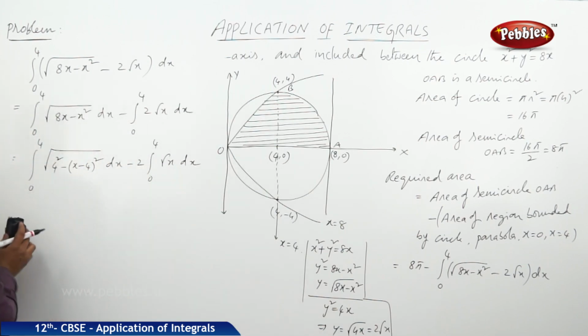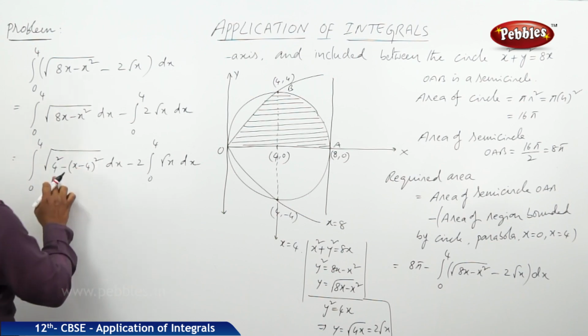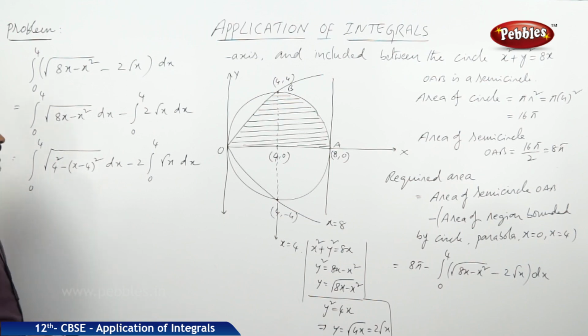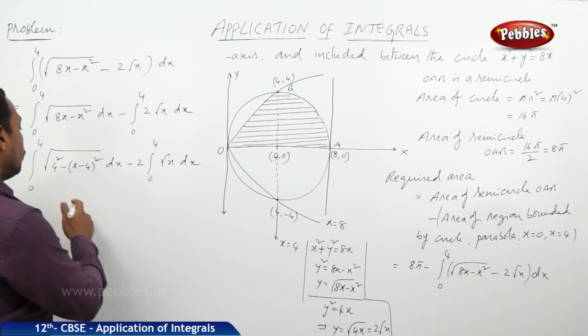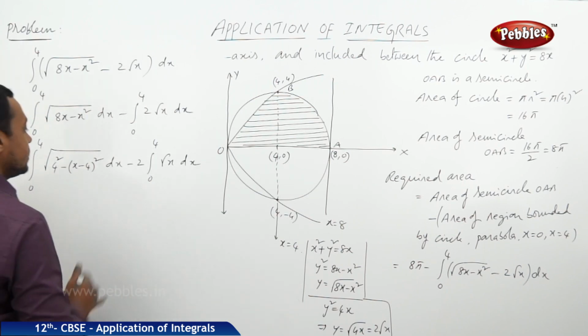See, it is root of a square minus x square form. The integral value of root of a square minus x square is given by x by 2 into root of a square minus x square plus a square by 2 into sin inverse x by a.